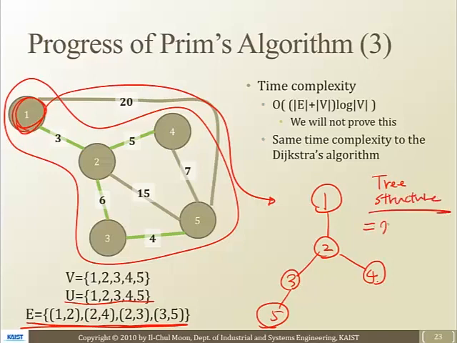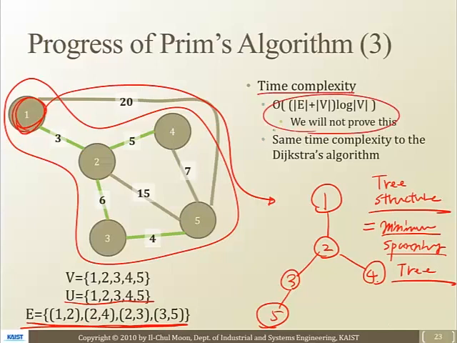So this is called minimum, meaning the cost is minimum; spanning, covering all the nodes; and it looks like a tree. So we call it the minimum spanning tree. Again, the time complexity is the same as Dijkstra's algorithm. We are not going to prove this, but remember that we have an E term here, meaning it's going to take E log V. So it's a pretty complex algorithm.